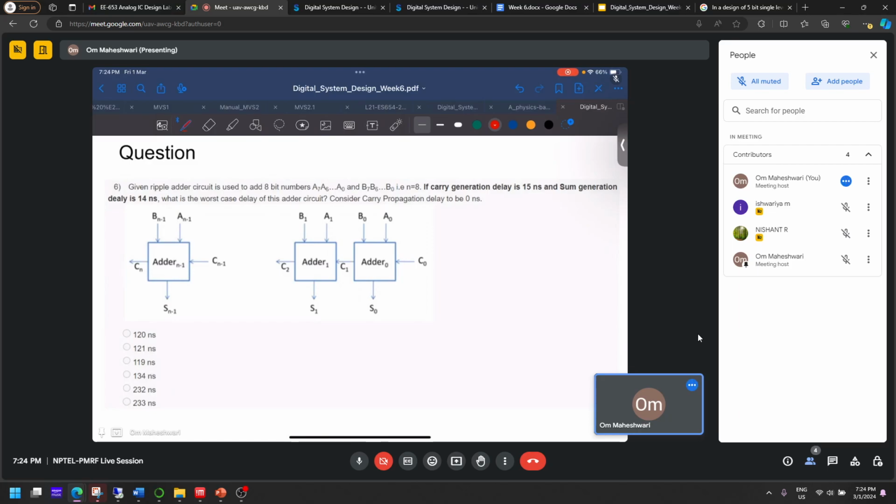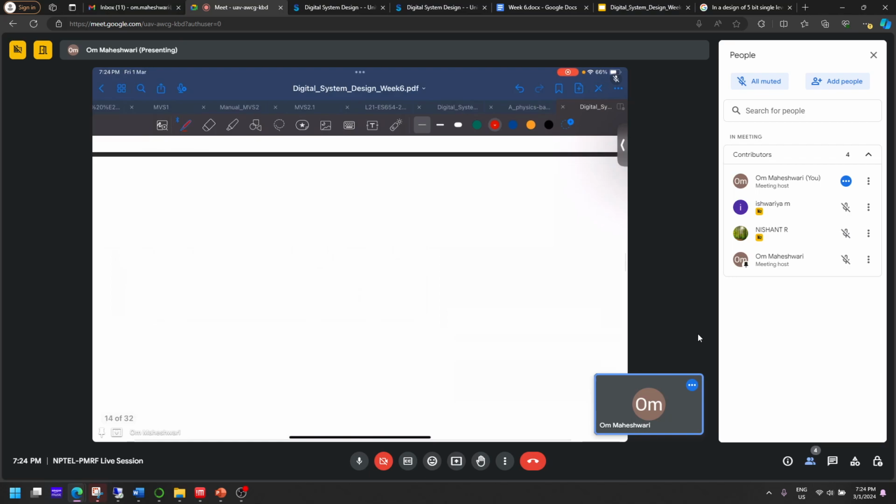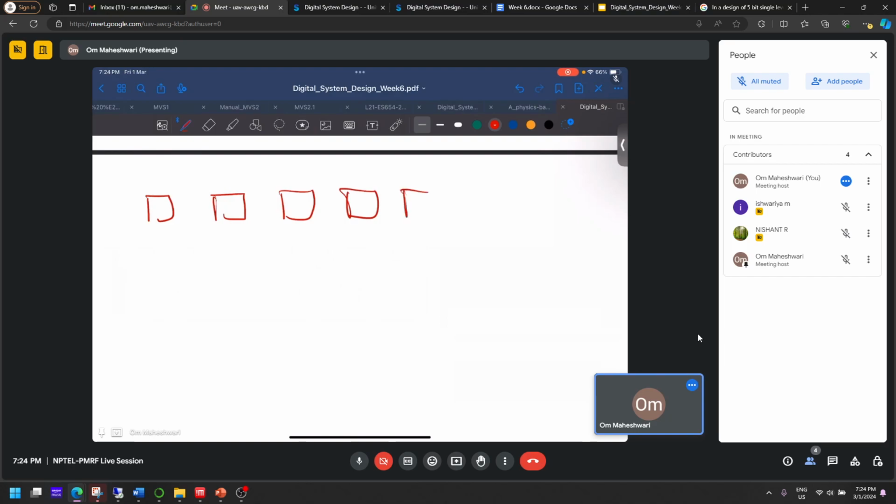So let's just try this. We will need 8 full adders for sure. It says C0, C1, C2, C3, C4, C5, C6, C7, and it will produce the last output C8. Right? These are the successive carries.